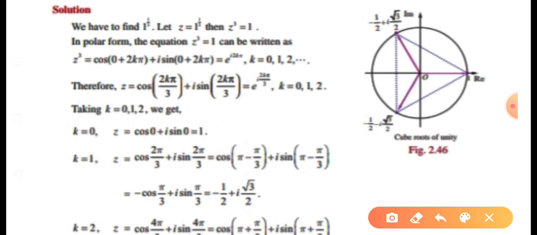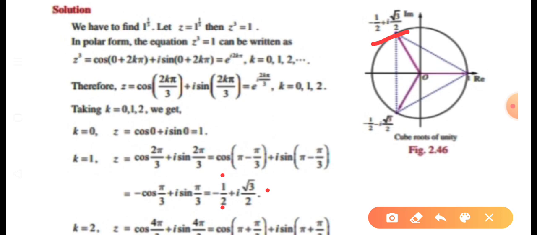Cos 60 degree value is 1 by 2. We have a minus symbol, so we write minus 1 by 2 plus i sin π by 3, that is root 3 by 2. This point lies in the second quadrant, minus 1 by 2 on the x-axis, root 3 by 2 on the y-axis. So we plot the point minus 1 by 2 comma i root 3 by 2.